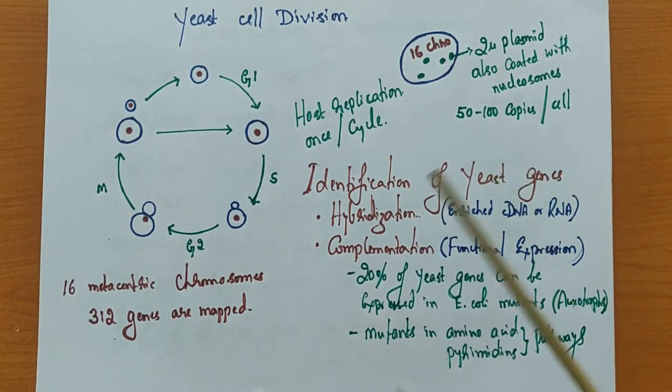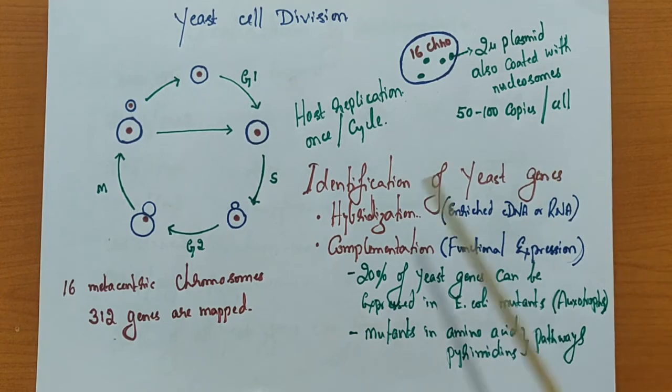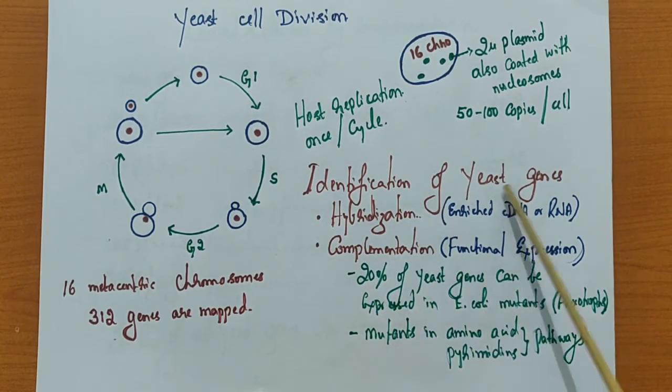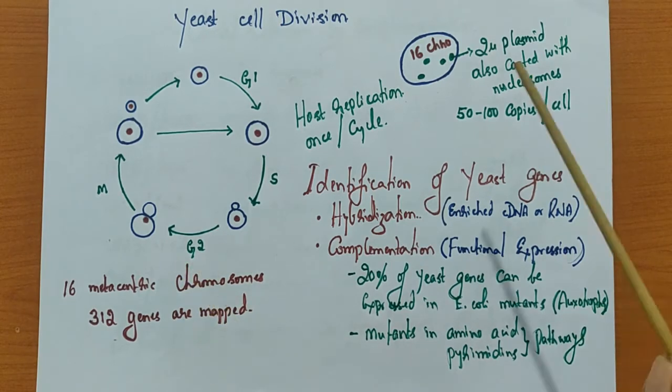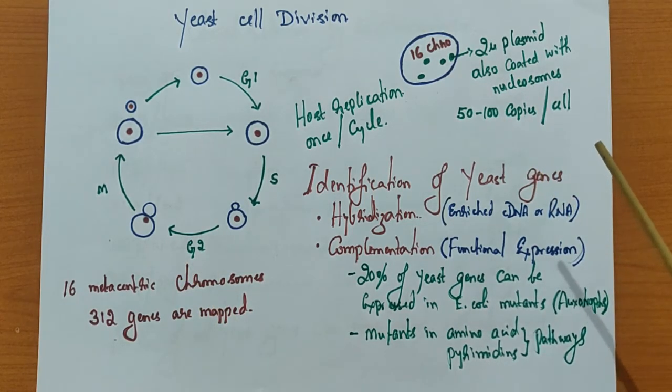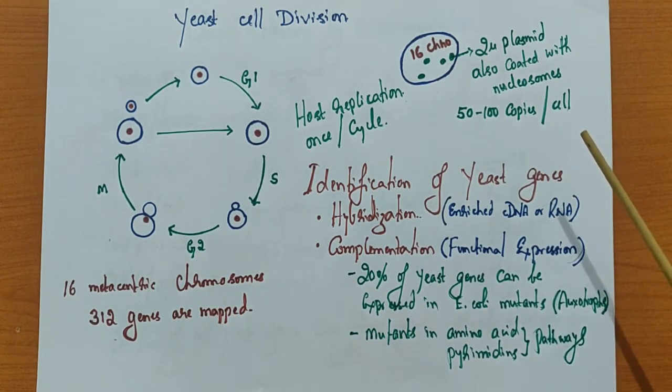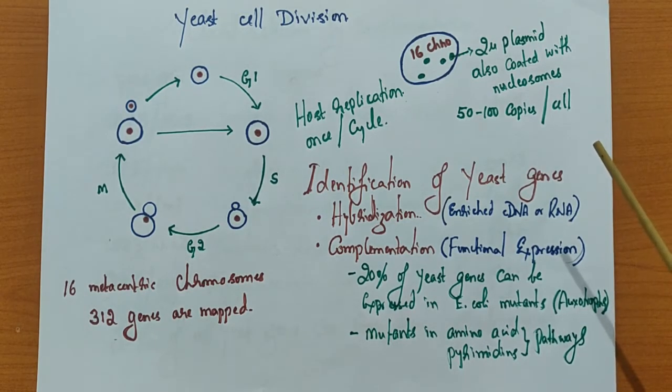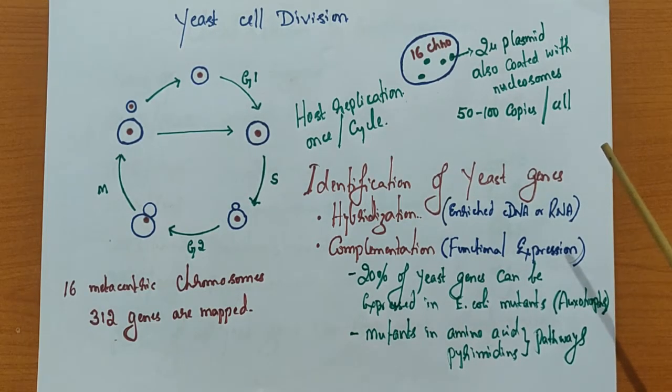The next major problem is going to be the identification of a yeast gene after cloning. In the case of prokaryotes, the clone is easily identified using an antibiotic resistance gene. But those antibiotic resistance genes do not function in yeast, basically because yeast is not a bacterium.